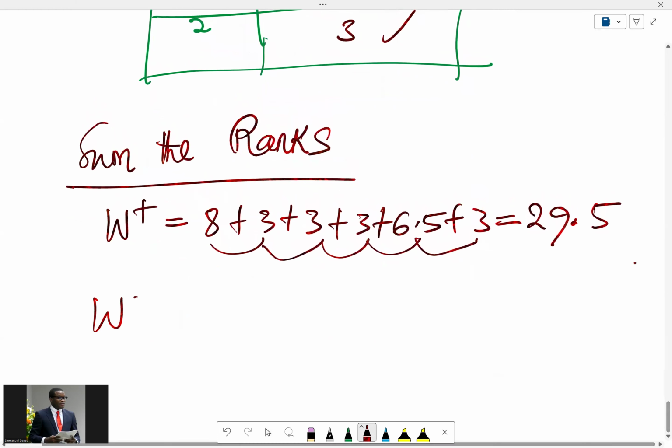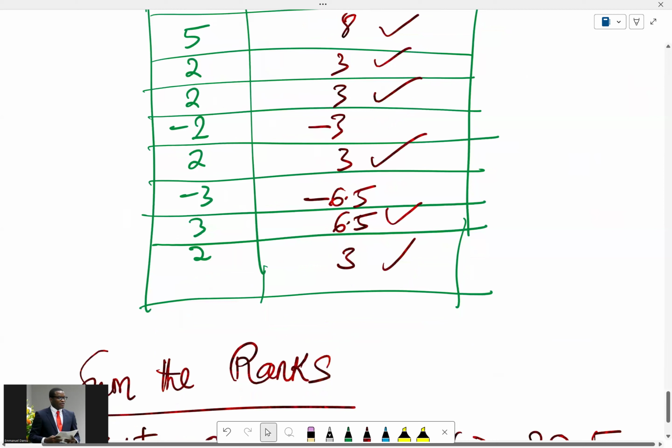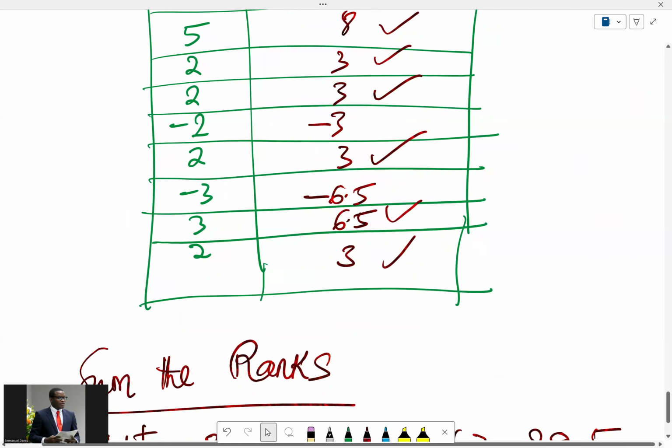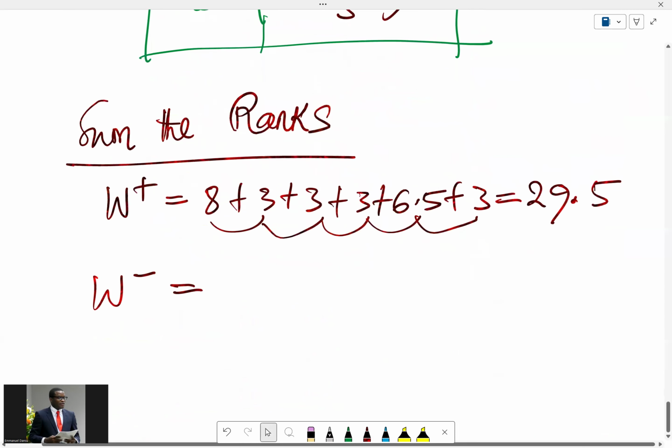Then we have W minus, that is the sum of negative ranks. The interesting part is that you ignore the signs. The negative ranks are just these two, 3 and 6.5.